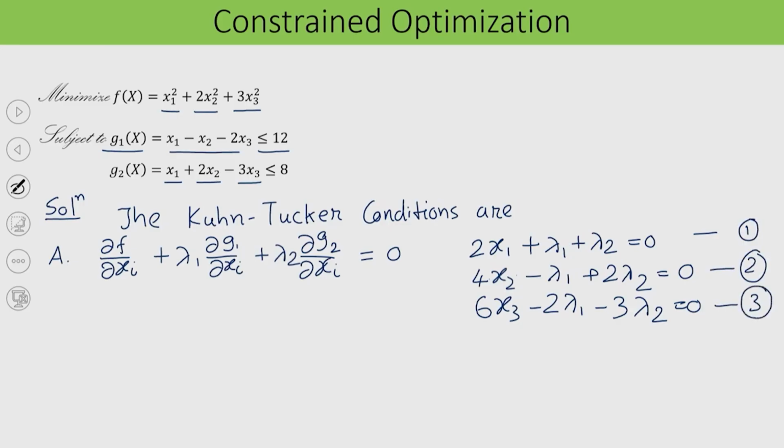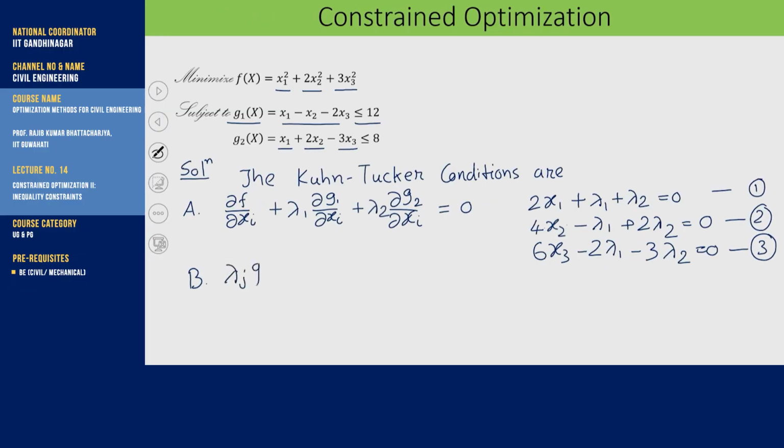Now, if I apply the second condition, that is lambda j z j is equal to 0.